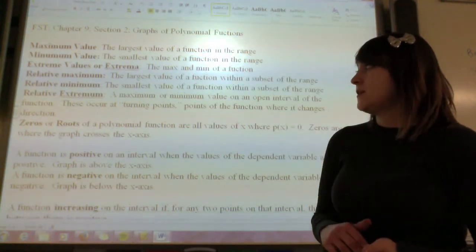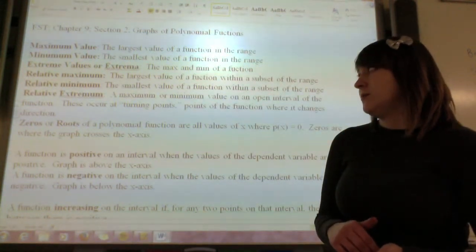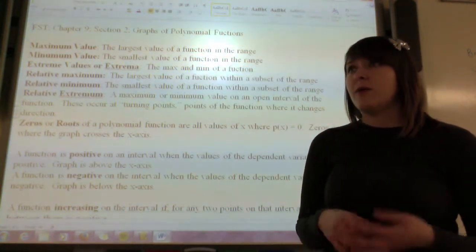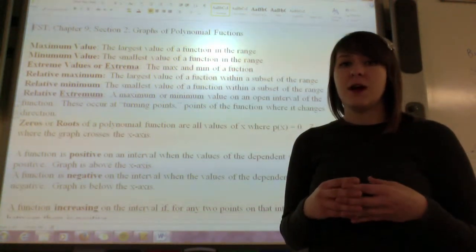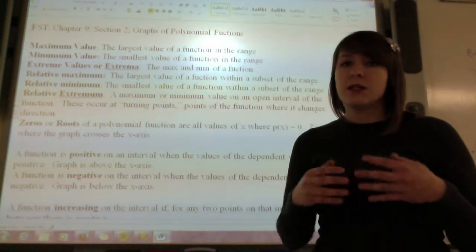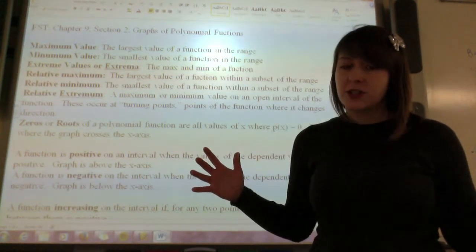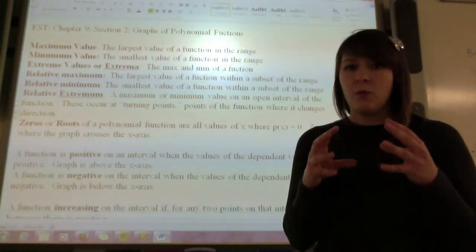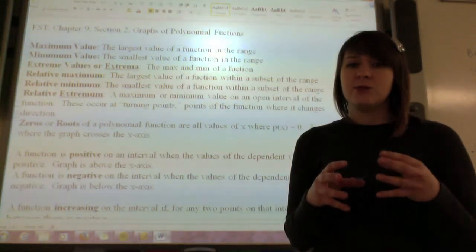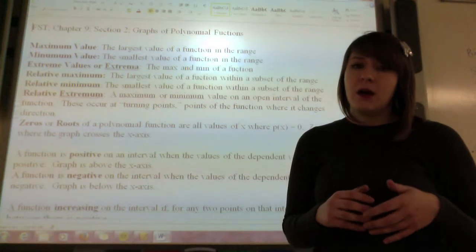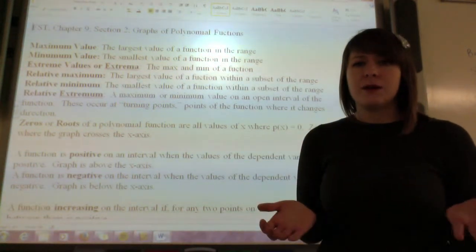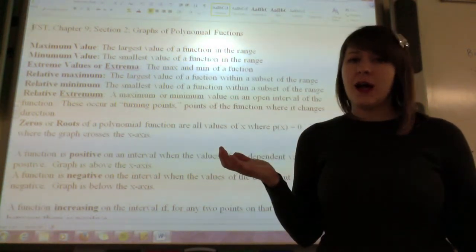So relative maximum and relative extremum are just talking about within a certain specific smaller subset of the range. So we're not talking about over the entire function. We're just talking about within one small area of the function, what is that maximum value or what is that minimum value.